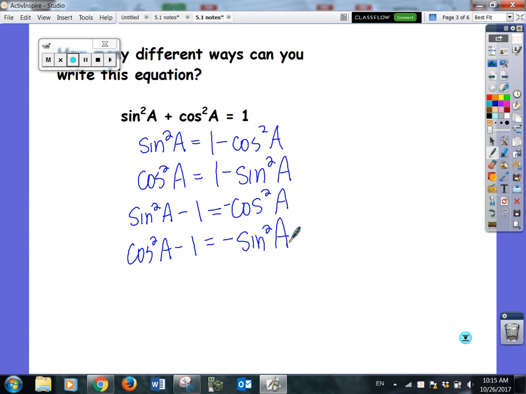The sign matters. Notice up here, sine squared a equals 1 minus cosine squared. Down here, negative sine squared equals cosine squared minus 1. Those signs matter. You can't just see a sine and a cosine together and say it equals 1. It has to be sine squared plus cosine squared. If there's a minus right there, that's not a Pythagorean identity.